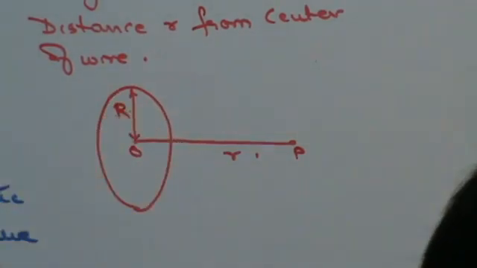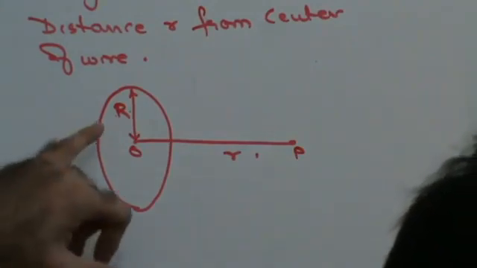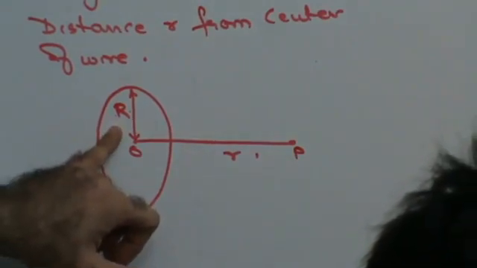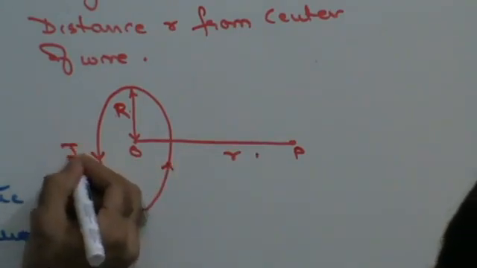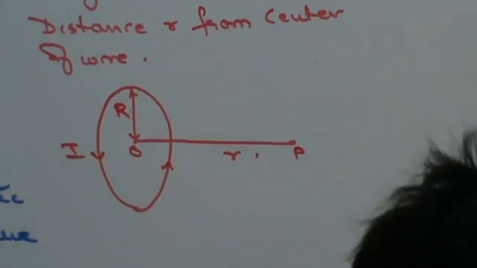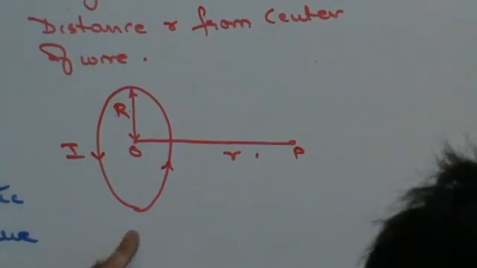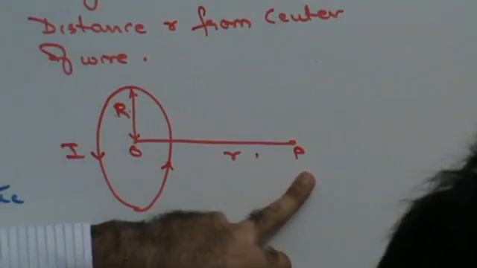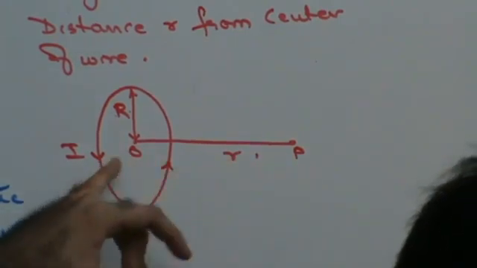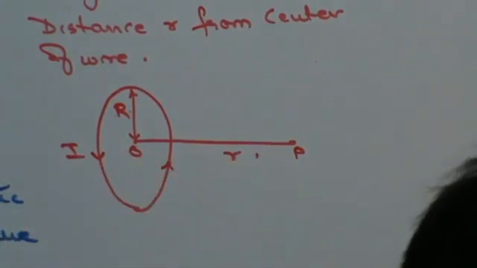This is your radius of the circular cross section, where you have current I flowing. This was the initial part: consider a conductor of radius r carrying current I. Now I want to find out the magnetic field at this point P, which is at a distance of r from the center of the coil.